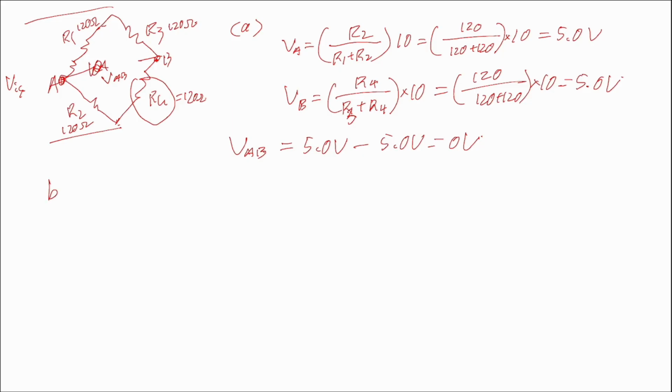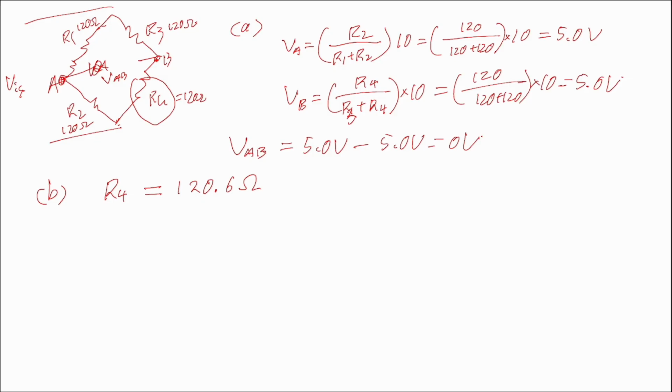Now part B is if a heavy truck is driving through the bridge, it will change the resistance of R4 and increase it from 120 to 120.6 ohms. So R4 will increase to 120.6 ohm, very little.